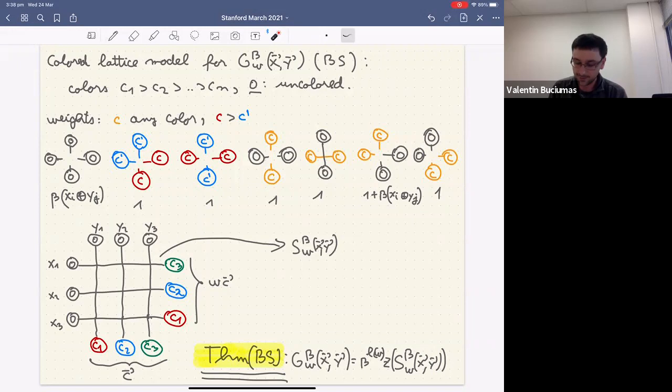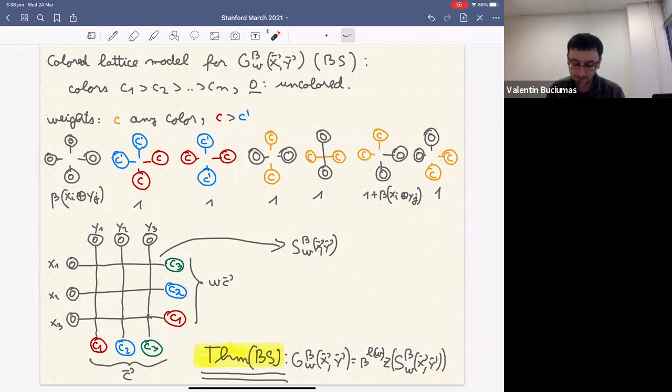So this is what I denoted by Z of S W beta will be this system, and Z will be the partition function of this system. And it will depend on W, and there'll be parameters X and Y, and there'll be, I don't think quantum parameter is the right word, but let's say quantum beta. Okay, so this is the partition function of this lattice model.